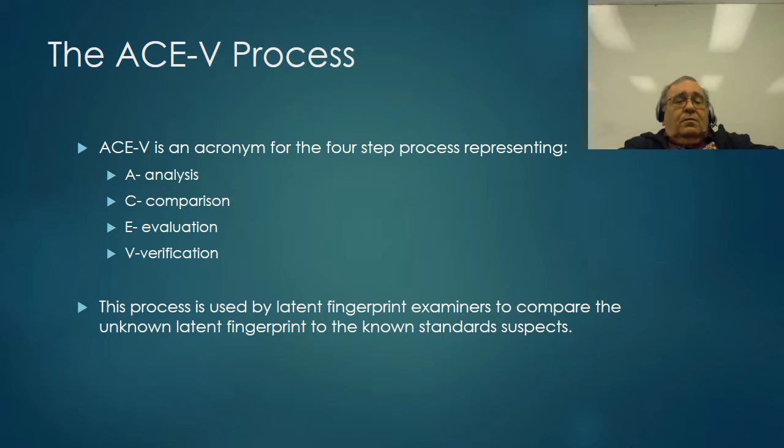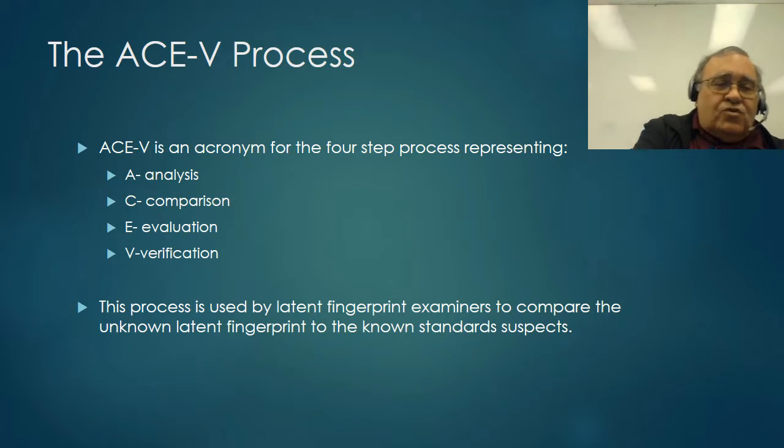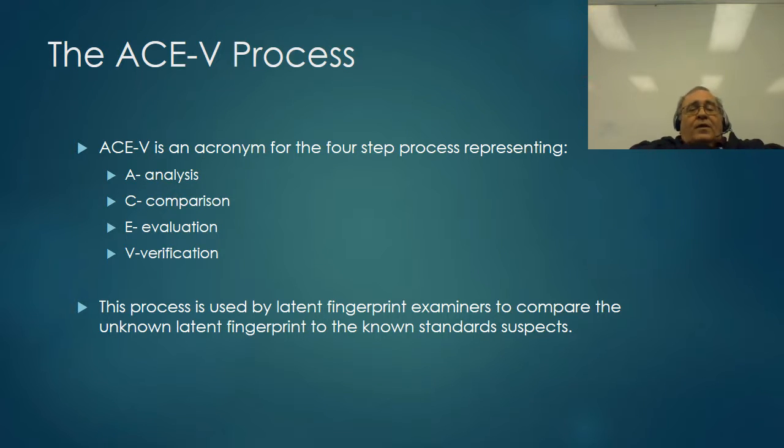It stands for analysis, analyzing the fingerprints; comparison, comparing the unknown prints to known prints, suspect prints, or exemplars; and evaluation of the minutiae within the print, which tells you as the latent print examiner that you've individualized the print from the scene to the specific person whose standards you're viewing.